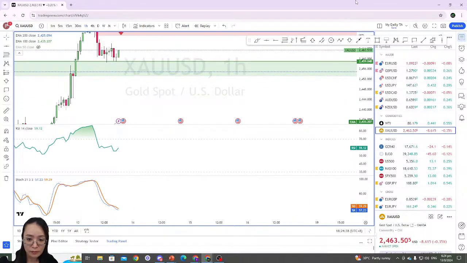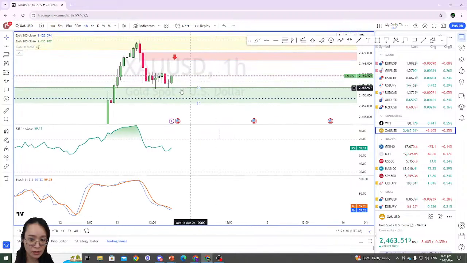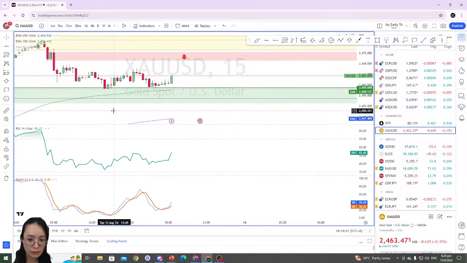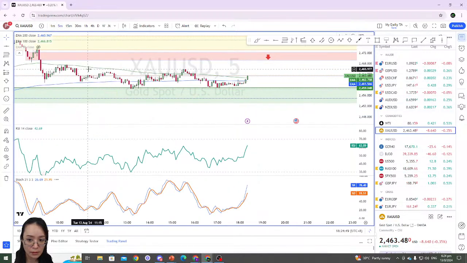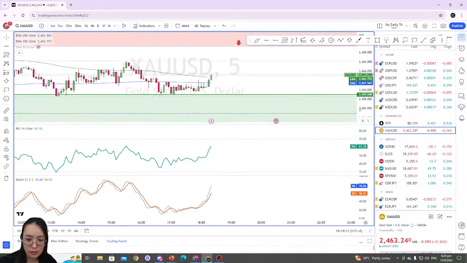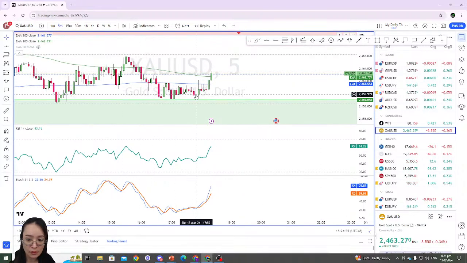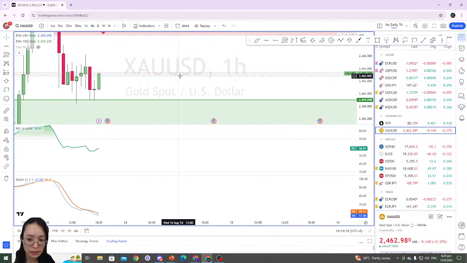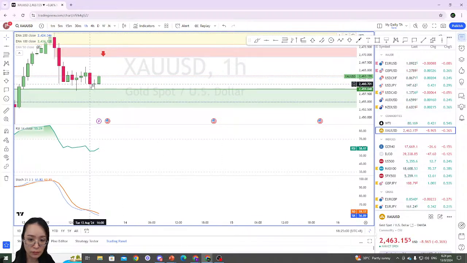But you can see why buy here: lovely price action in the H1 time frame, this one, right? You can see our price action here. Another price action here, but in H1 you see really clearly your price action right here.